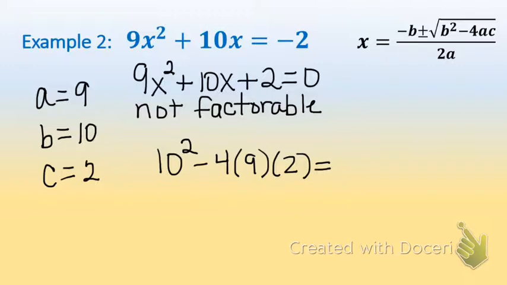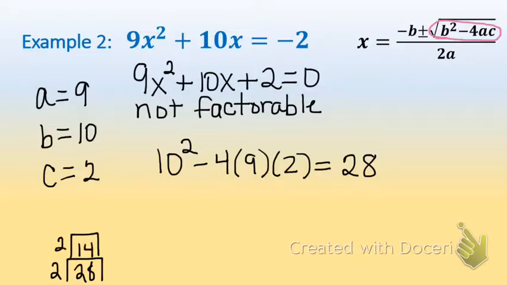So when we type that in our calculator, we get 28. Now that is the part of the quadratic formula that is underneath the square root. So let's simplify that 28. If we were to simplify that using the cake method, we're going to keep dividing it so we can simplify, and we get that we do have a pair.